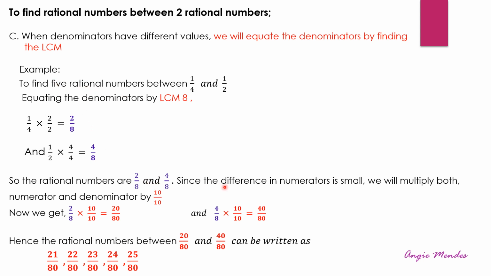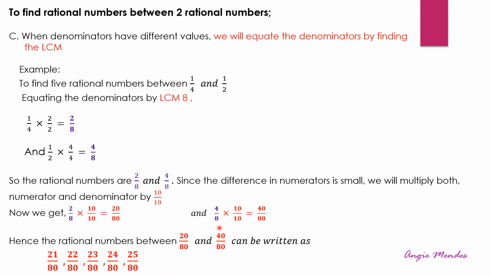Now between 2 and 4, will we find 5 rational numbers? No. So since the difference in numerator is small, we will multiply both the numerator and denominator by multiples of 10, which is 10 upon 10. Now by multiplying the first rational number by multiples of 10, we get 20 upon 80.